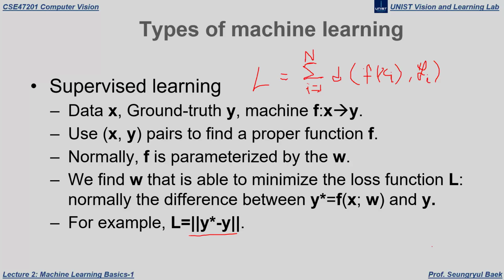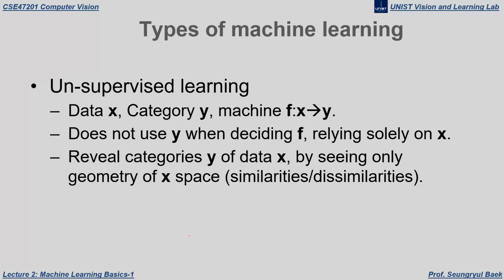In that case, we can take this kind of unsupervised learning approach. But this is not always possible. Supervised learning's function f is more robust, because it explicitly uses the ground truth y. But unsupervised learning is usable even for the case where your ground truth is not easily secured.